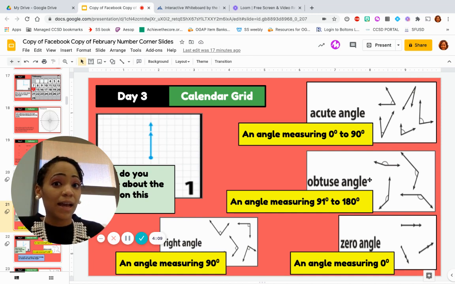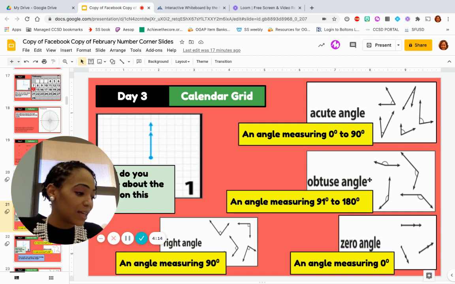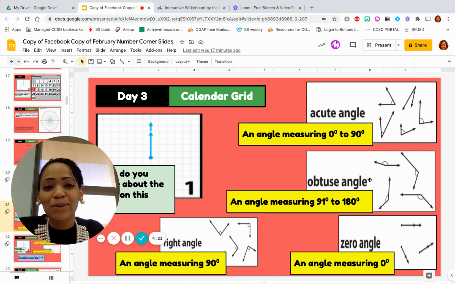So which one is exactly 90 degrees? A right angle. Which one is less than 90 degrees? A cute little angle. And which one is greater than 90 degrees? Yeah, obtuse is big. It's a big one.